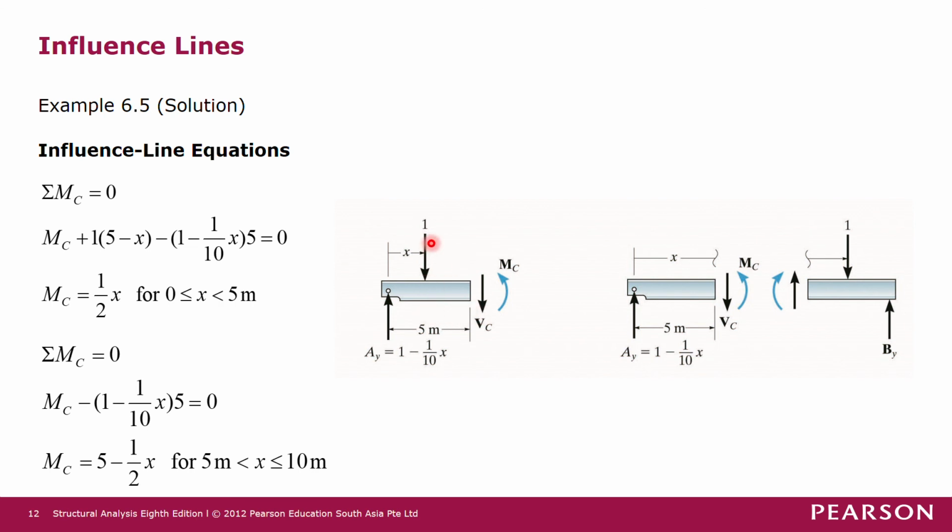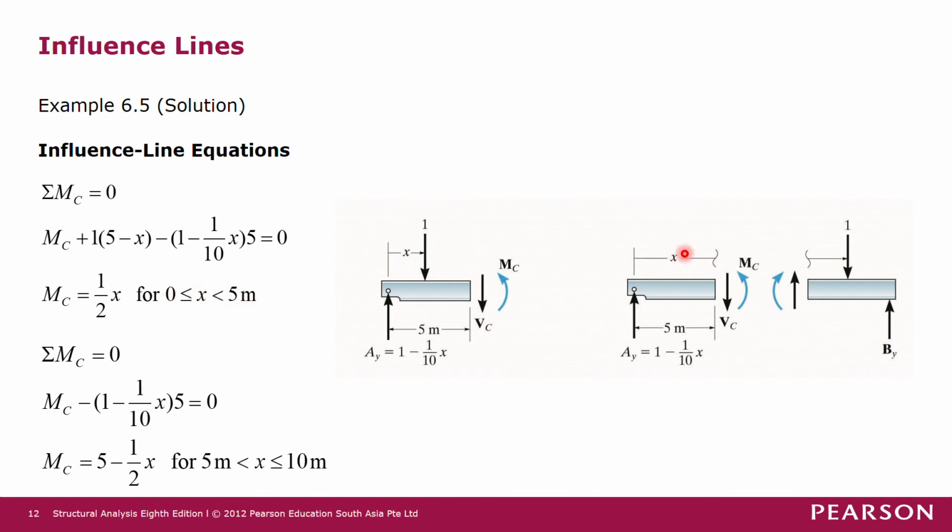The moment arm of this one unit force is 5 minus x. Then we have this force which causes clockwise moment about point C, so minus AY times 5, and this equals 0. Solving for MC, MC is 1 over 2 x. This is the influence line equation for x equals 0 to 5 meters.